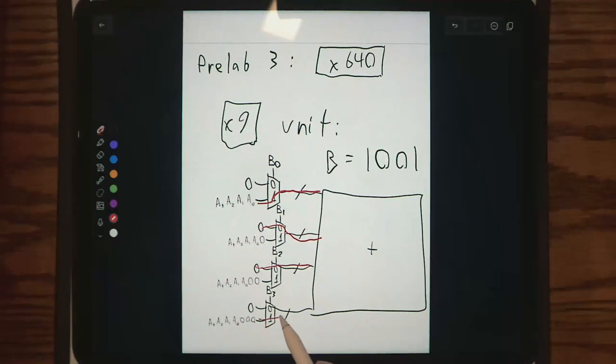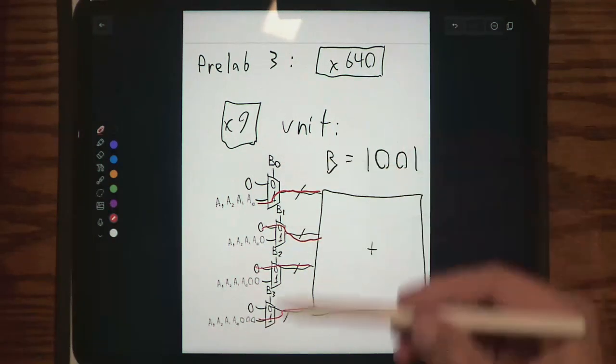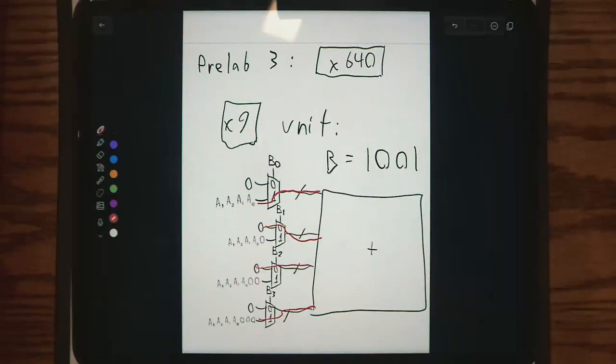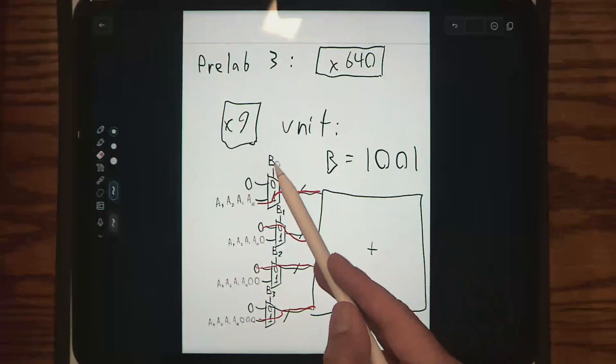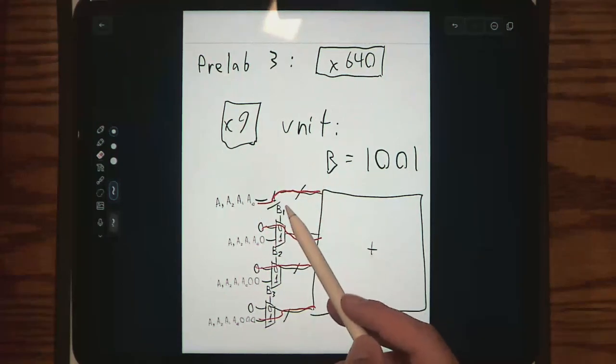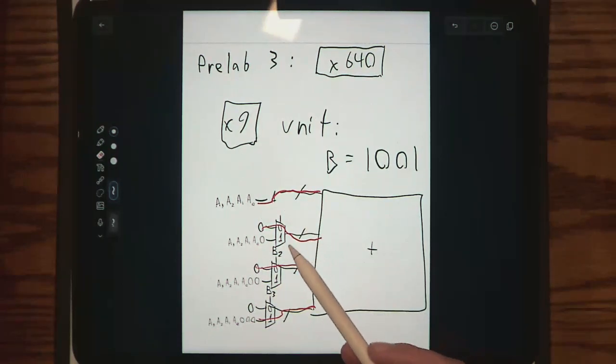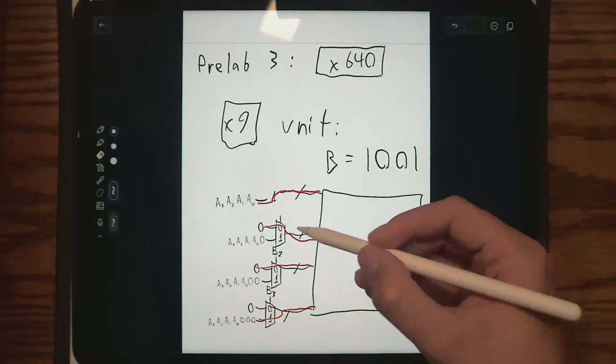And since B is a hard-coded constant, we actually don't need these muxes anymore, right? We can just get rid of these. Not only that, but we also don't even need to add 0. We could probably just get rid of these entirely.